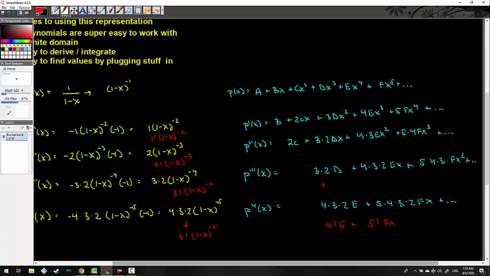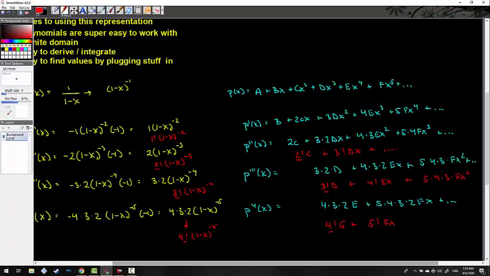So again, this would be 3 factorial d, and this would be 4 factorial x, plus, again, not factorialized, it would actually just stay the same. And I think we're going to start seeing a pattern here. 2 factorial c plus 3 factorial dx plus dot, dot, dot. If you see the 2 factorial here, it corresponds with this 2 factorial. This 3 factorial corresponds with this 3 factorial, and so on and so forth.